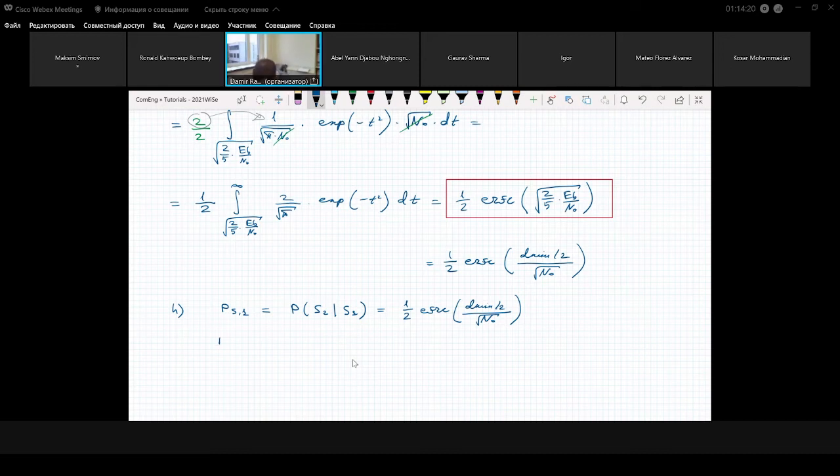Okay, then let's go to the second symbol. Let's say we transmit symbol 2.